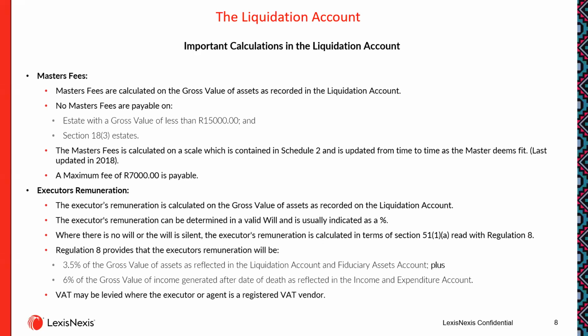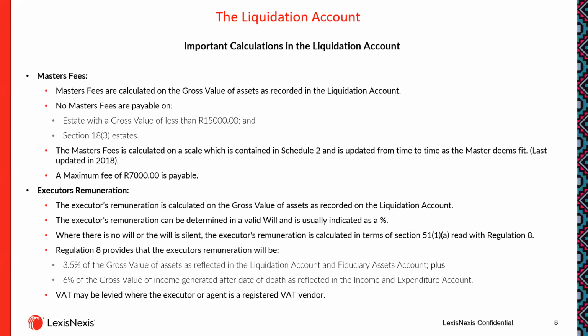But if there's no will, or the will is silent on the executor's remuneration, we use section 51(1)(a), read with Regulation 8, which shows us that we use 3.5% of the gross value of the assets reflected in the liquidation account and fiduciary assets account, plus 6% of the gross value of any income generated after the date of death.